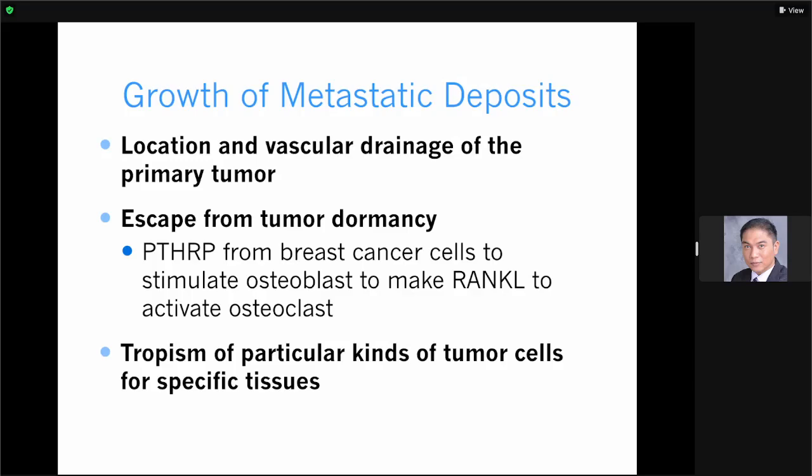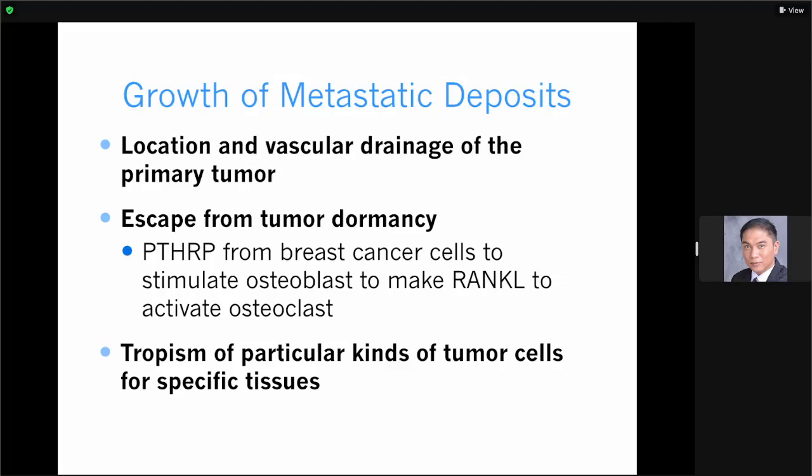So growth of metastatic deposits. Ano yung mga factors that can affect the growth of metastatic deposits: location and vascular drainage of the primary tumor, tropism of particular kinds of tumor cells for specific tissues.